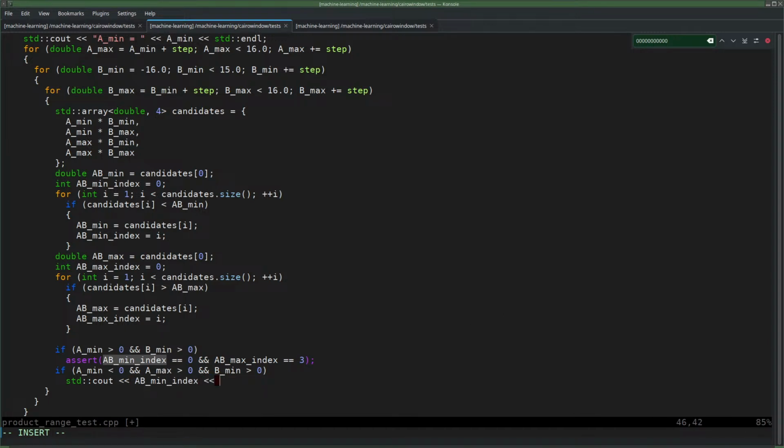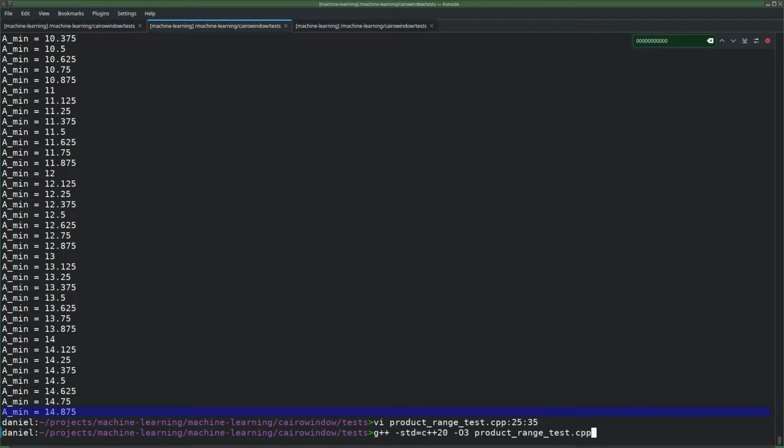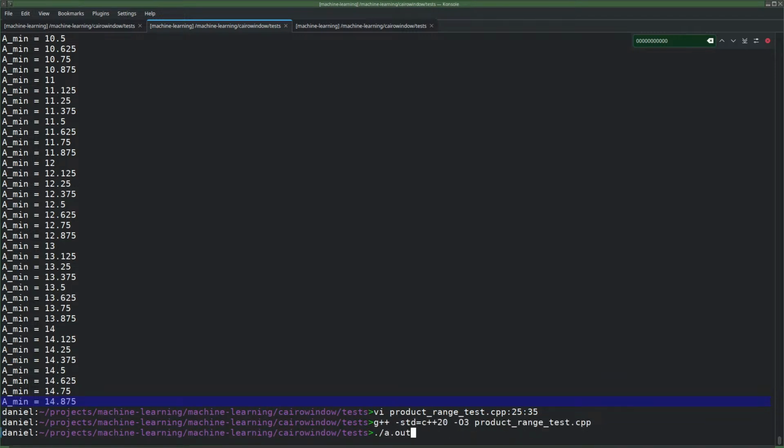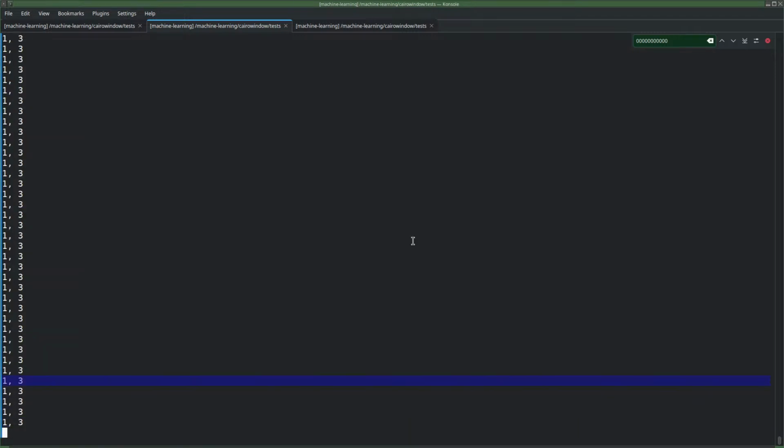So we just print them. I suppose I should get the same numbers all the time. Or not. That looks very much like 1,3 again. What? No, 1,3. Before we had 0,3.